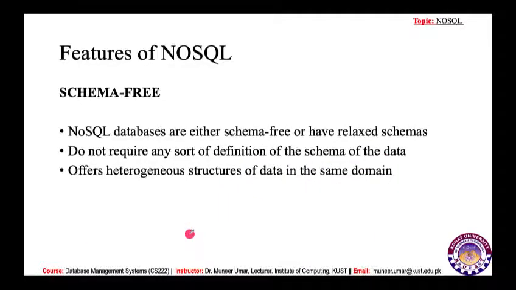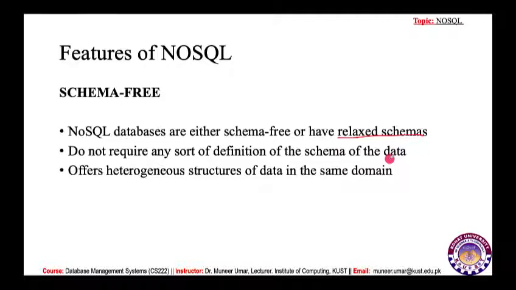Then the second feature is schema free. NoSQL databases are either schema free or have relaxed schemas. Now, if we look into relational databases, we must have a proper schema for the development and design of databases.